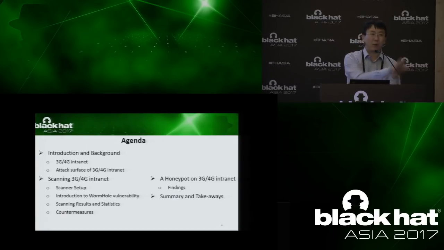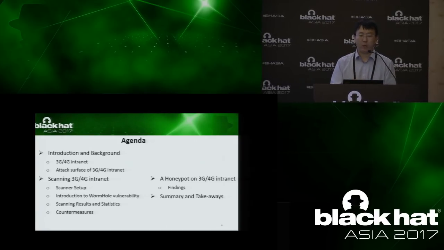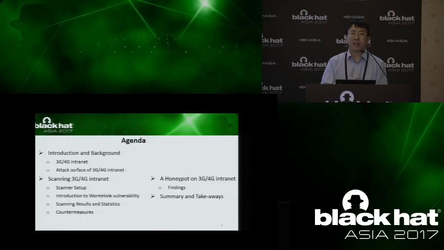And later, Zhang will come to introduce you on the honeypot work, which basically we set up several honeypots to capture scanning and attack in the 3G, 4G intranet. So here I introduce you our findings and several interesting results. And finally, it will be a summary and several takeaways for you guys.